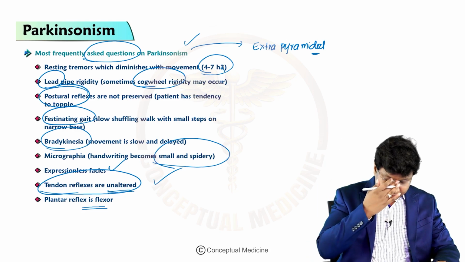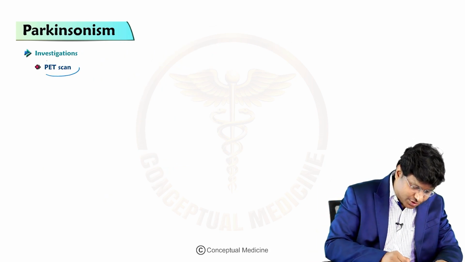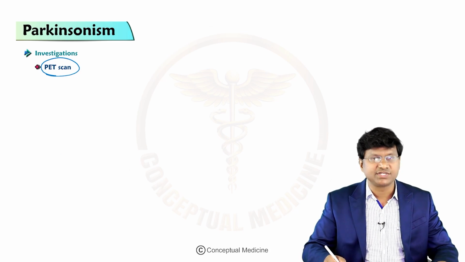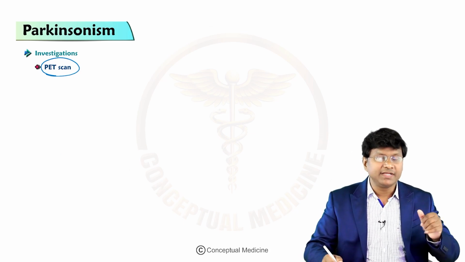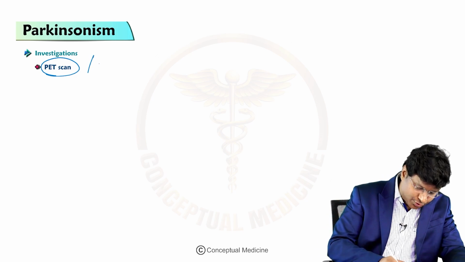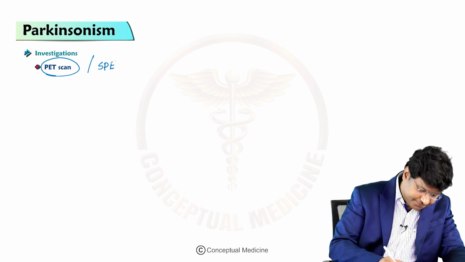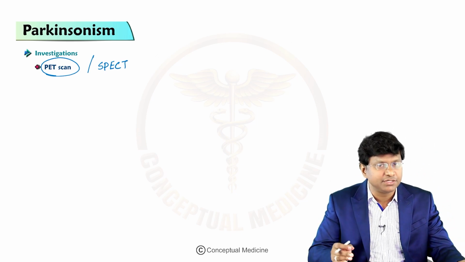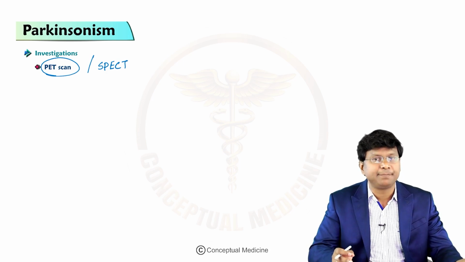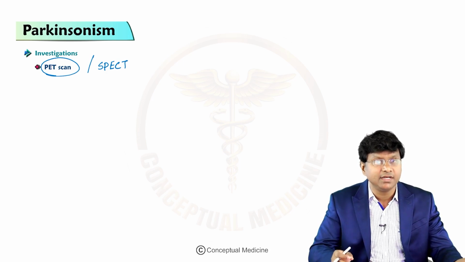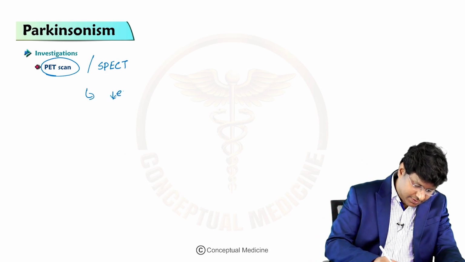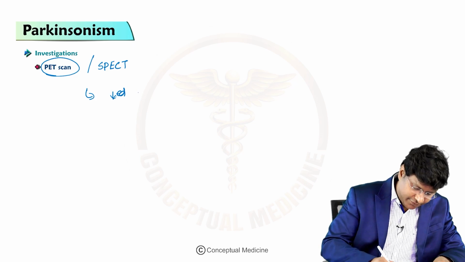Now you take the investigations in patients with Parkinsonism. One of the very important investigations is the PET scan. And what will this particular PET or SPECT, the single photon emission computed tomography, show? It shows reduced uptake of striatal dopaminergic markers.